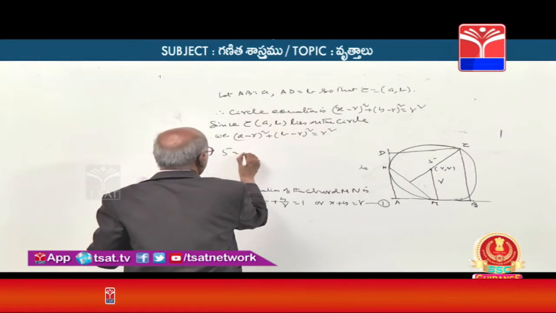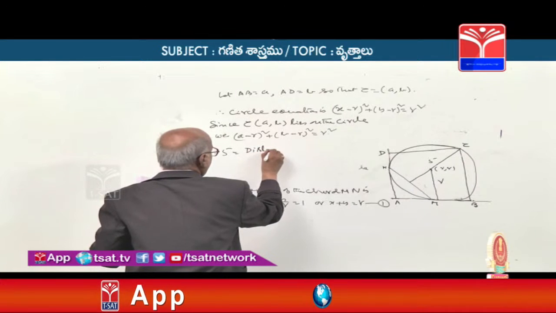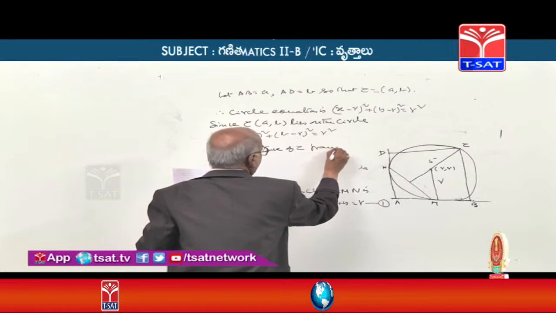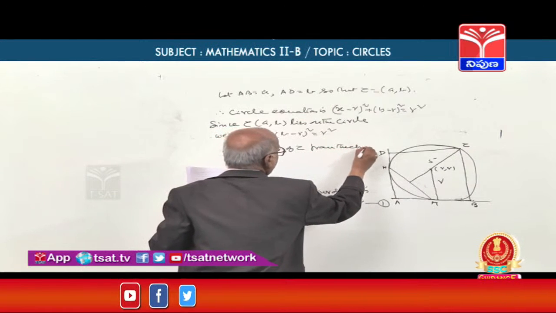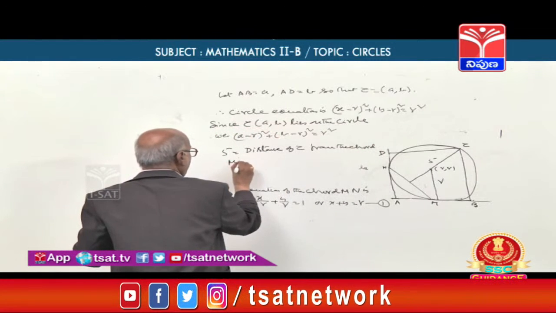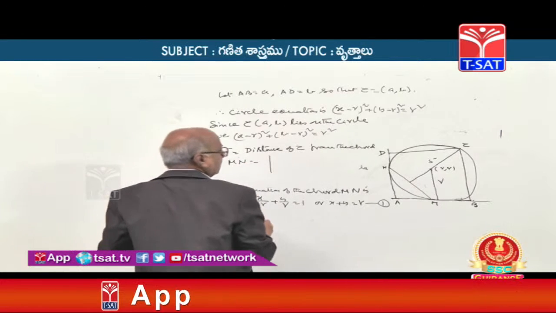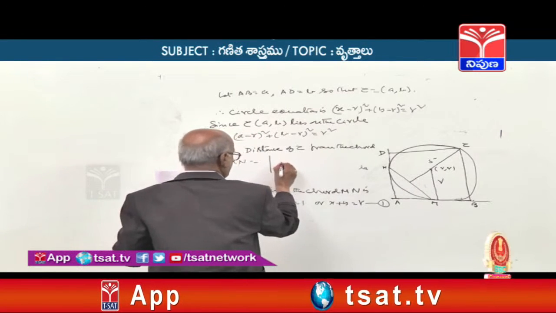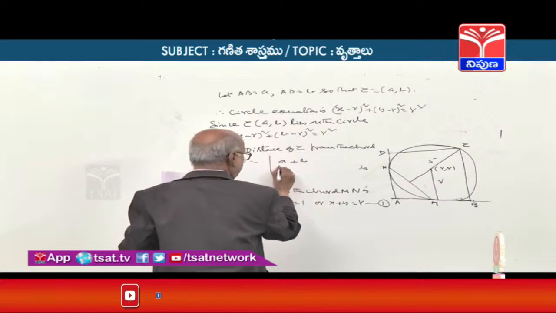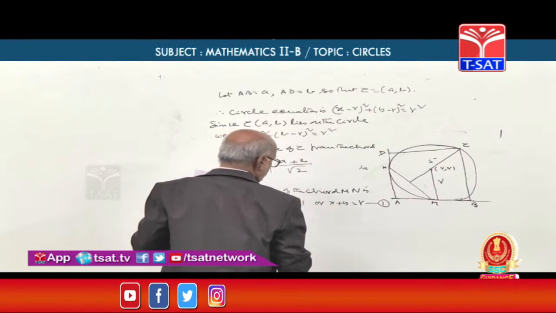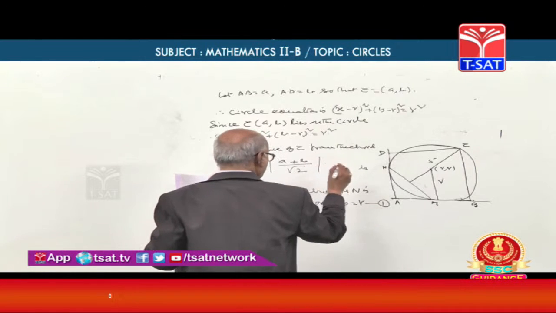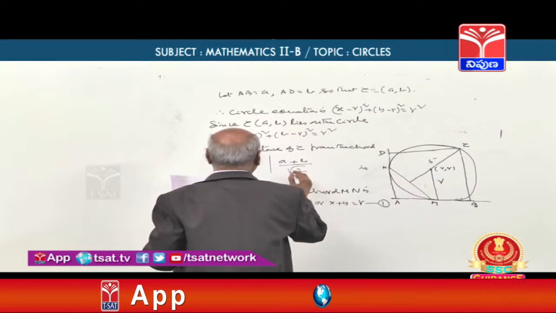Now, 5 is equal to the distance of C from the chord MN. So, that is equal to a plus b minus r by root of 1 square plus 1 square, that is root 2.